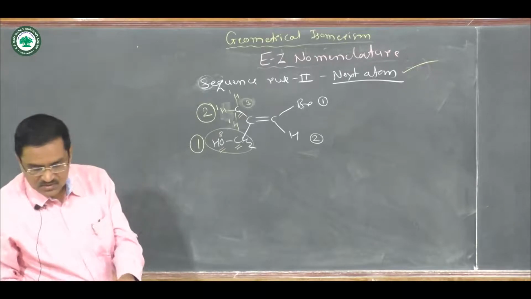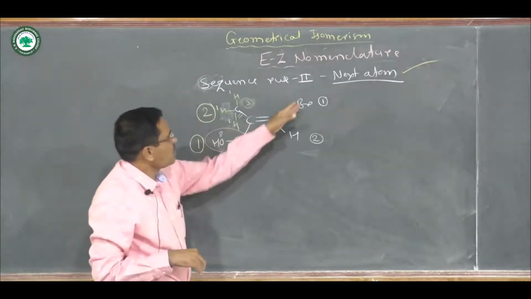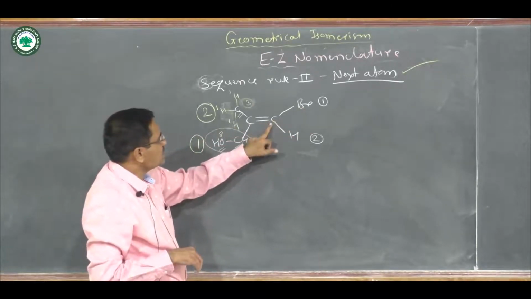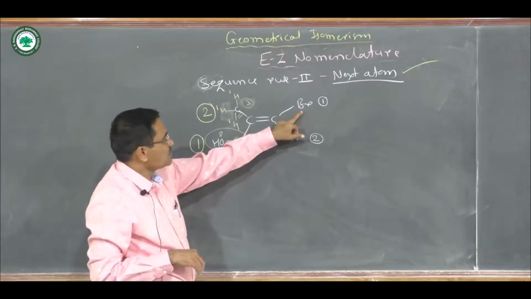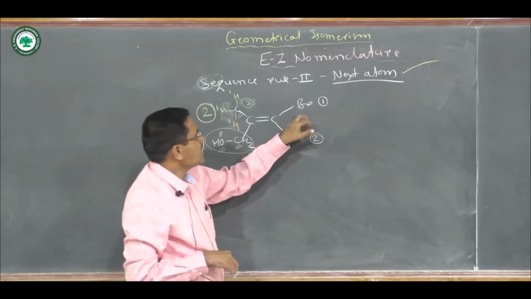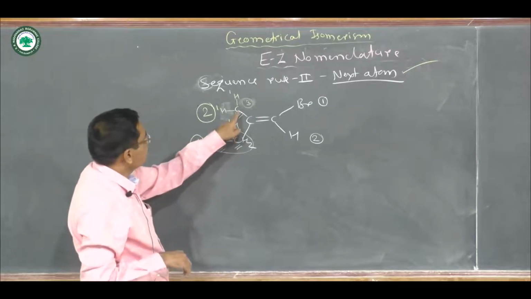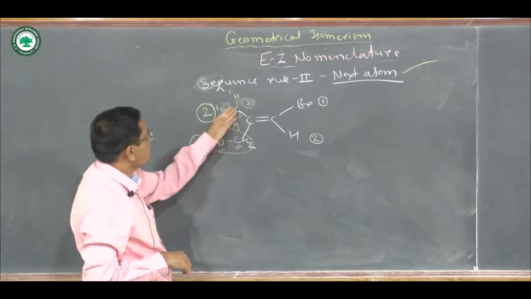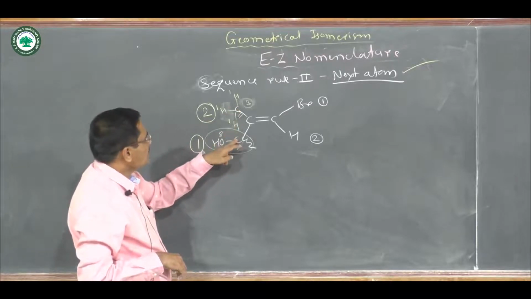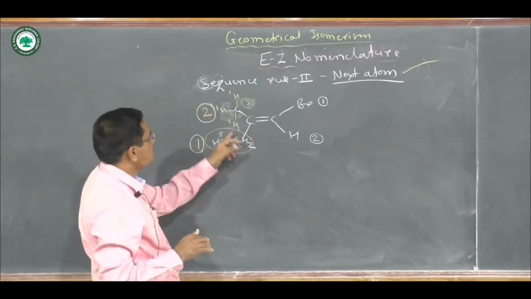Now we will discuss it again. There is no problem here because Br is attached to a carbon atom and hydrogen is attached to a carbon atom, so Br has the higher atomic number and hydrogen the lower, so Br has the first priority and hydrogen the second priority. But in this case, this carbon and this carbon have the same atomic number 6, so this carbon cannot decide which one is prior, so we move toward the next atom.